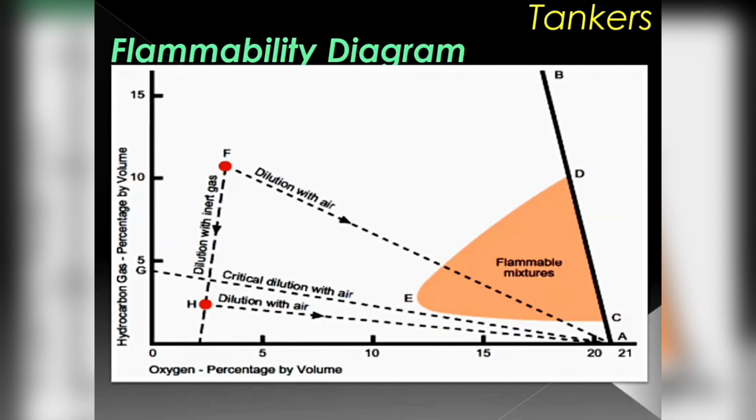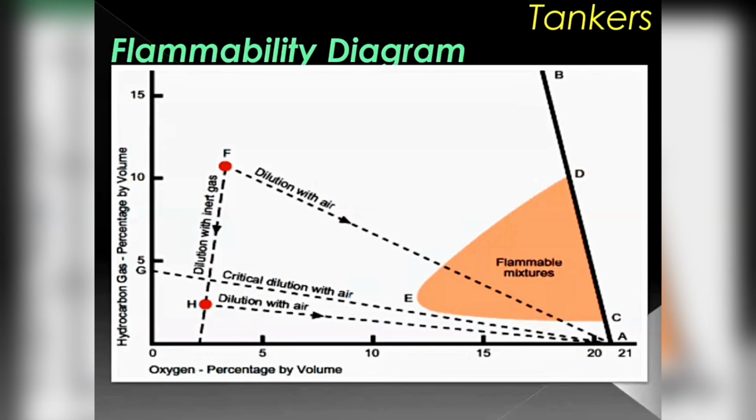Now, SOLAS says the IG system should be capable of delivering inert gas with an oxygen percentage of less than 5%. It's a requirement for the inert gas generators. When you have less than 5% in the supply, only then can you maintain less than 8% in the tank.